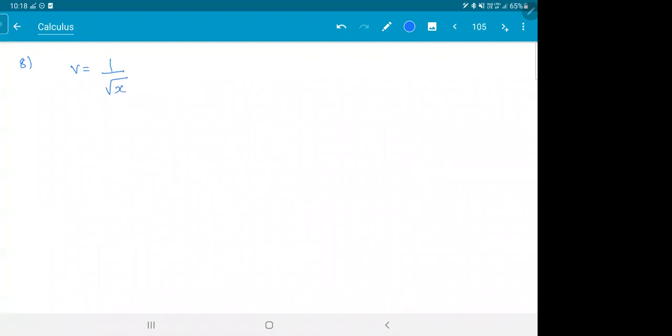Means velocity is not depending on time, but depending on position. Initial position x is equal to 1. Find acceleration and position as function of time.